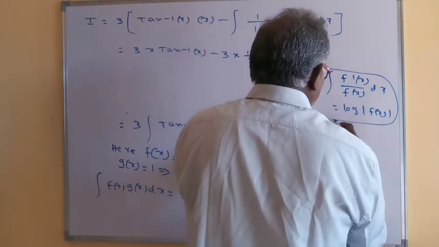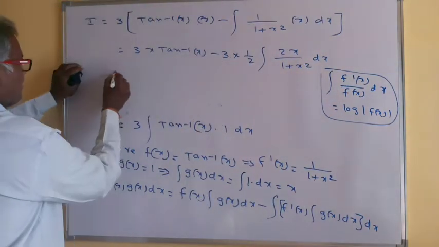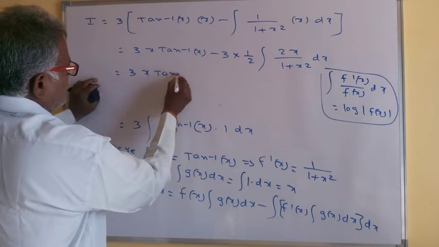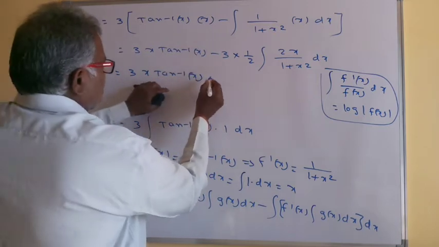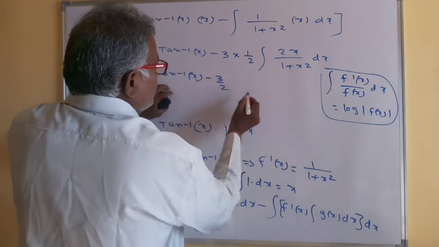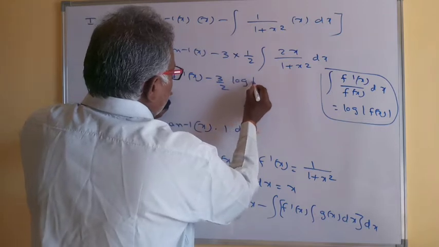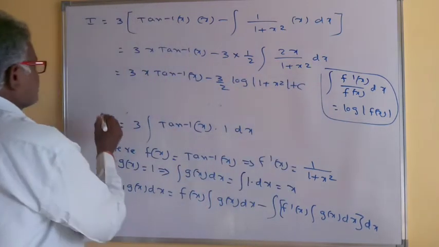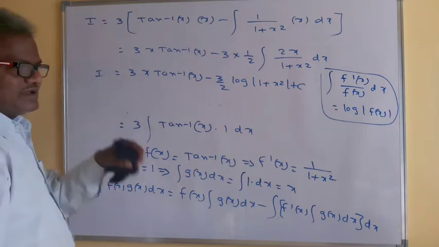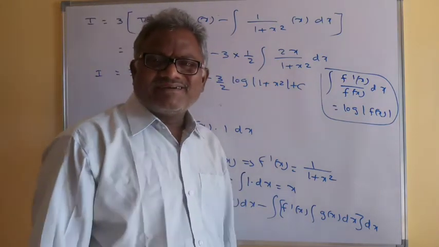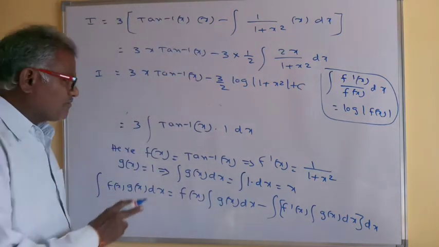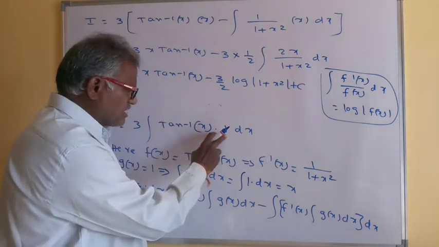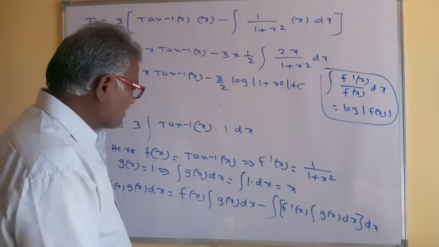So finally, we get 3x tan inverse x minus 3 by 2 into log of (1 plus x square) under modulus, using the form f dash x by f of x equal to log f of x. So this is the required integral value. Remember, whenever you evaluate an inverse function, simply consider the second function as unity.